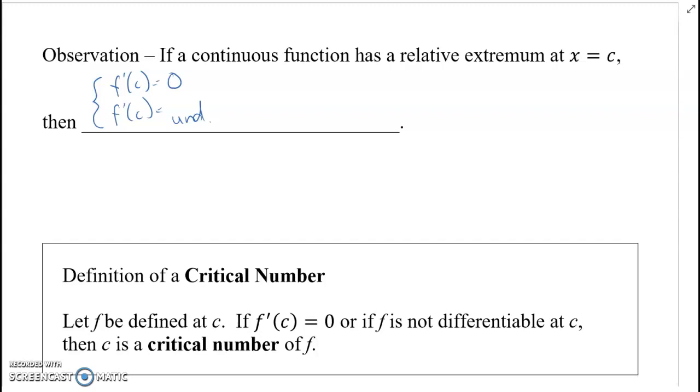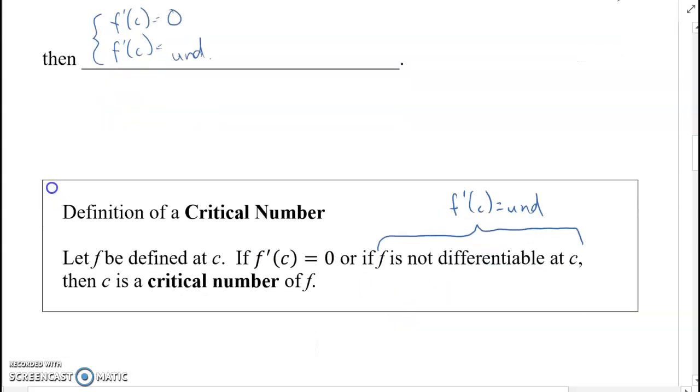Remember that differentiable means derivative exists. So if f is not differentiable at c, we can think of that as f prime of c being undefined. That sure does look like the two possible scenarios here. So if a continuous function has a relative extremum at x equals c, then one of these two things must be true.